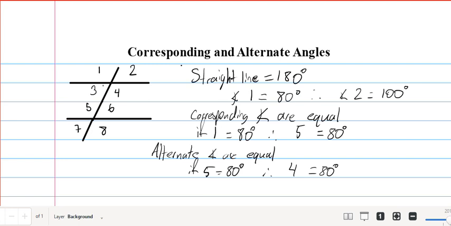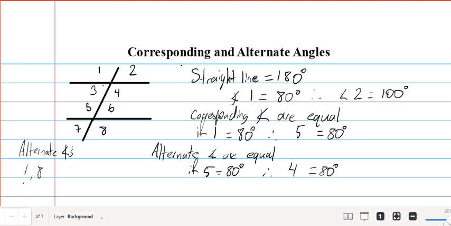Alternate angle for 5. My alternate angles, 5, 4. Well, let's just start from 1. All right, so my alternate angle from 1 is 8.